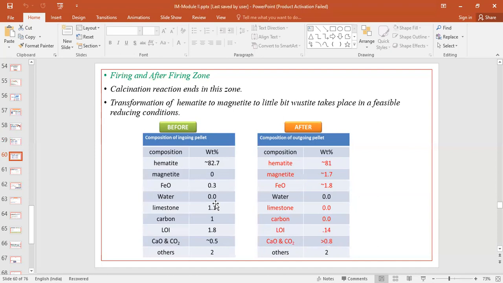There's a transformation of hematite to magnetite, or maybe a little bit of wustite can also take place. You can see it in the pellet.